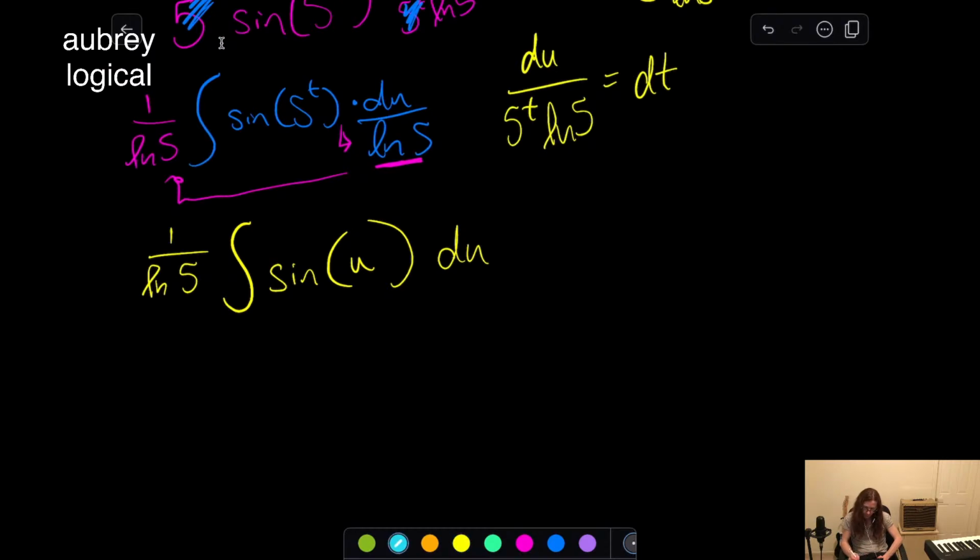And now we want to find the antiderivative for sine of u. If we were finding the derivative, it would become cosine of u times the derivative of u.